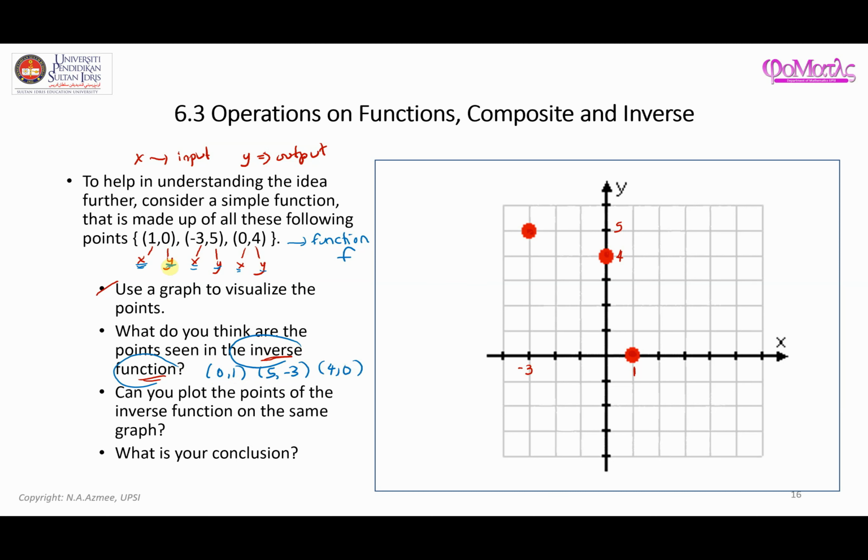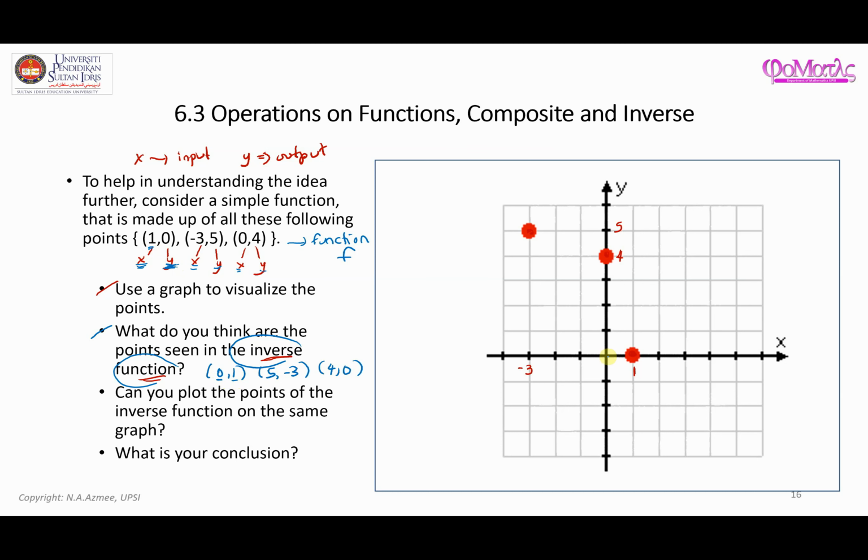So your output here will become the input in the inverse function. So 0 will become input now, and 1 will become the output in the inverse function. So these are the points that you will see in the inverse function. Now, can you plot the points of the inverse function on the same graph? Of course, I can do that. So now let's do it.